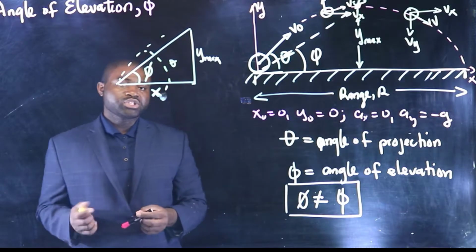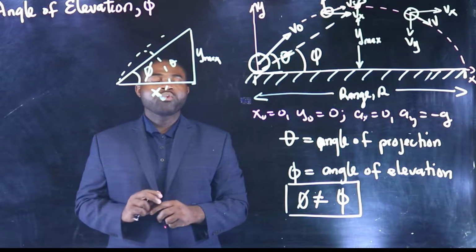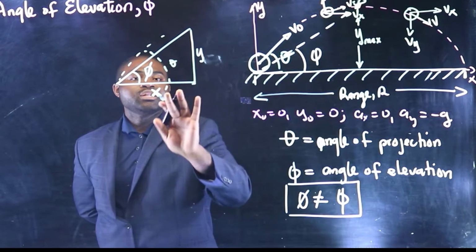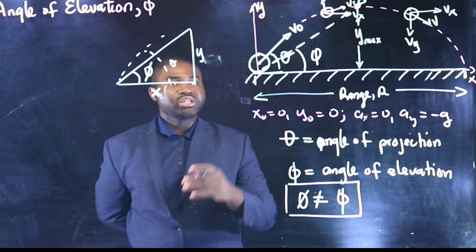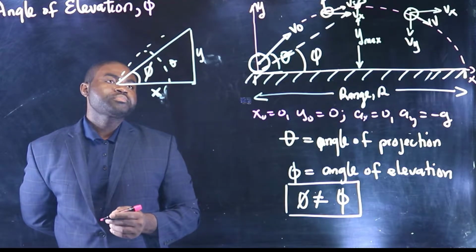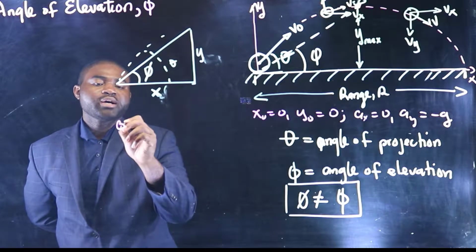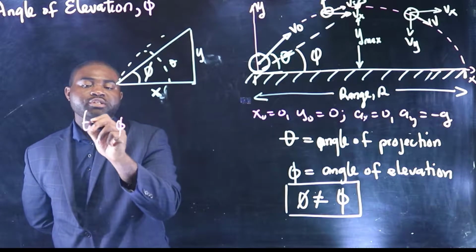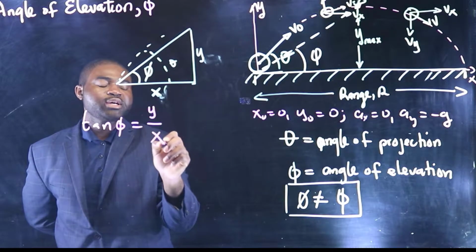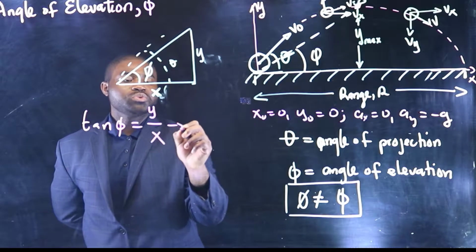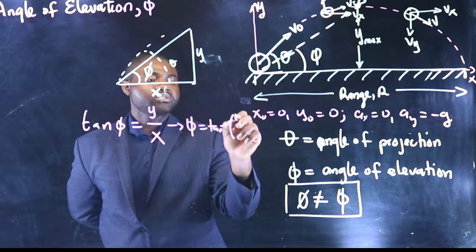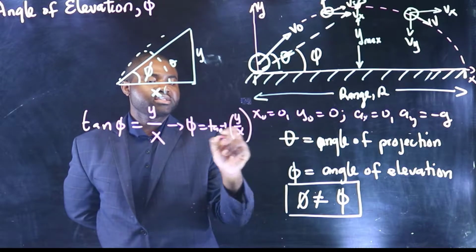So looking at that triangle, let me put here y and let me place here x generally. So phi, the tangent of phi is just y over x, which would mean that phi is the tan inverse of y over x.